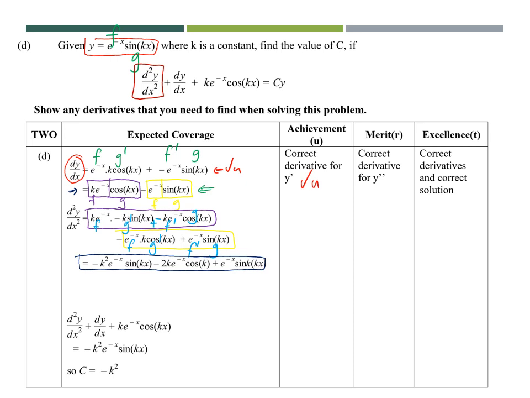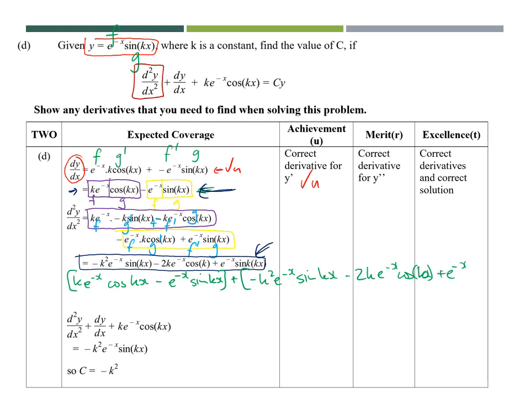When I add this one and this one, I've got k e to the negative x cos kx minus e to the negative x sine kx, that's dy by dx, and I add that to negative k squared e to the negative x sine kx minus 2k e to the negative x cos kx, plus e to the negative x k sine kx.